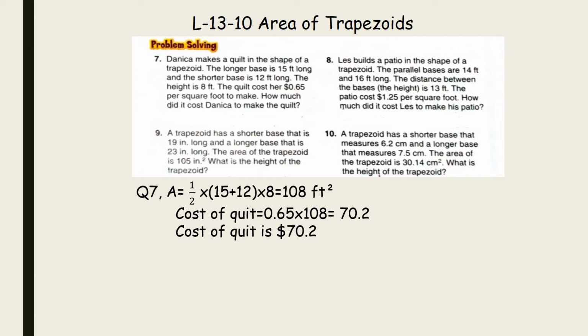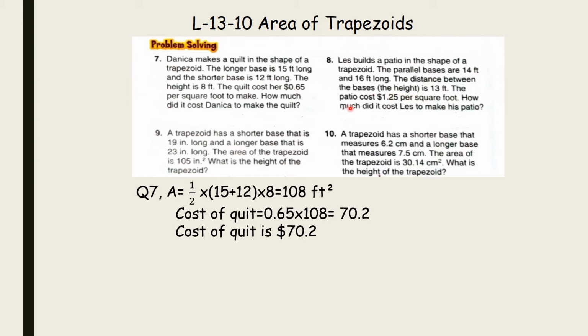Now start question number 8. Then you can see leaves will appear in the shape of, again you can see, trapezoid. The parallel bases are 14 and 16 feet long. That means b1 and b2, and the distance between the bases is 13. That is the height.